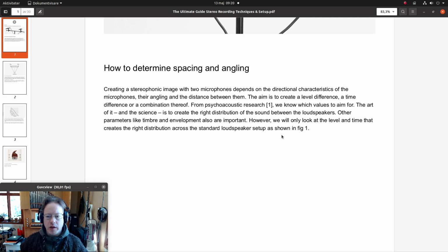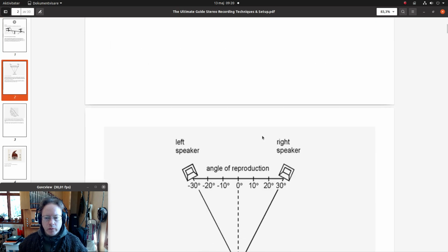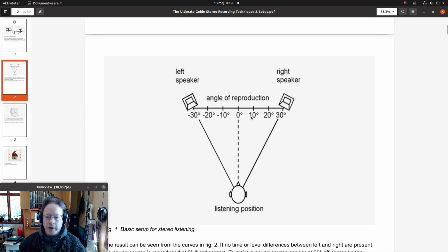So a stereo recording, when 2 microphones are used, you can have difference in either level or time when the sound reaches them, or a combination of that. And that is what creates the stereo effect. Normally, in the theory books, we are supposed to have a listening situation like this. Not everyone has this kind of setup, but that is what they are kind of using as a reference.